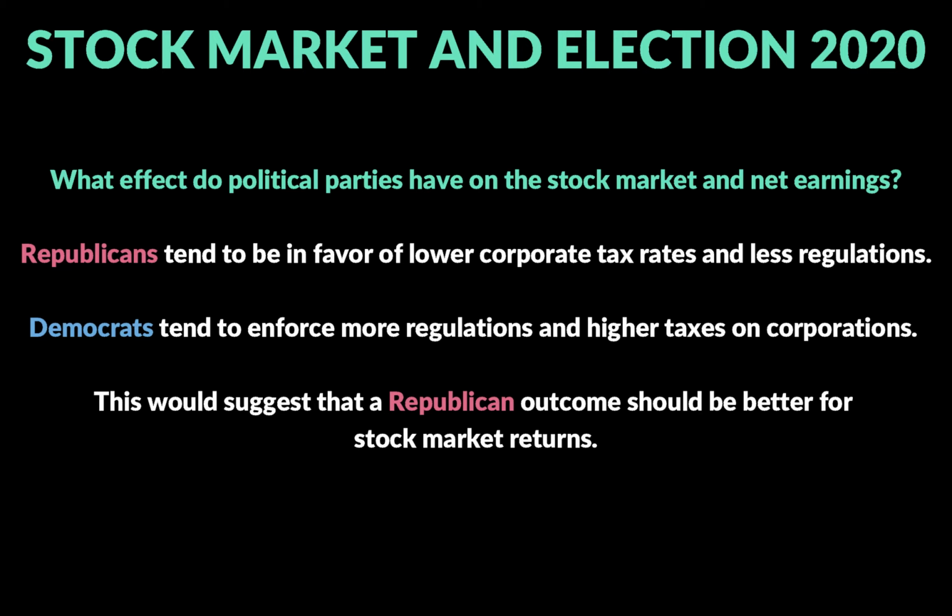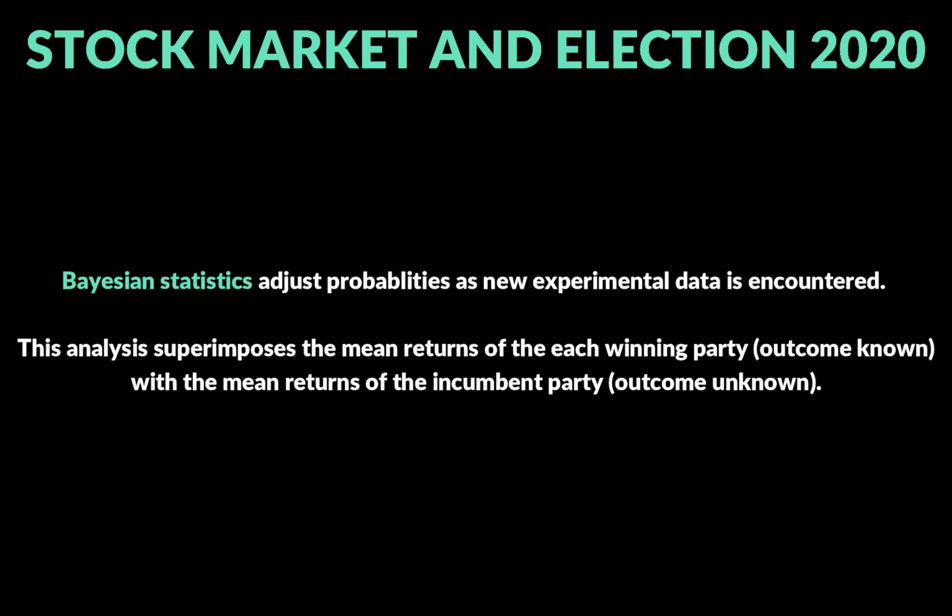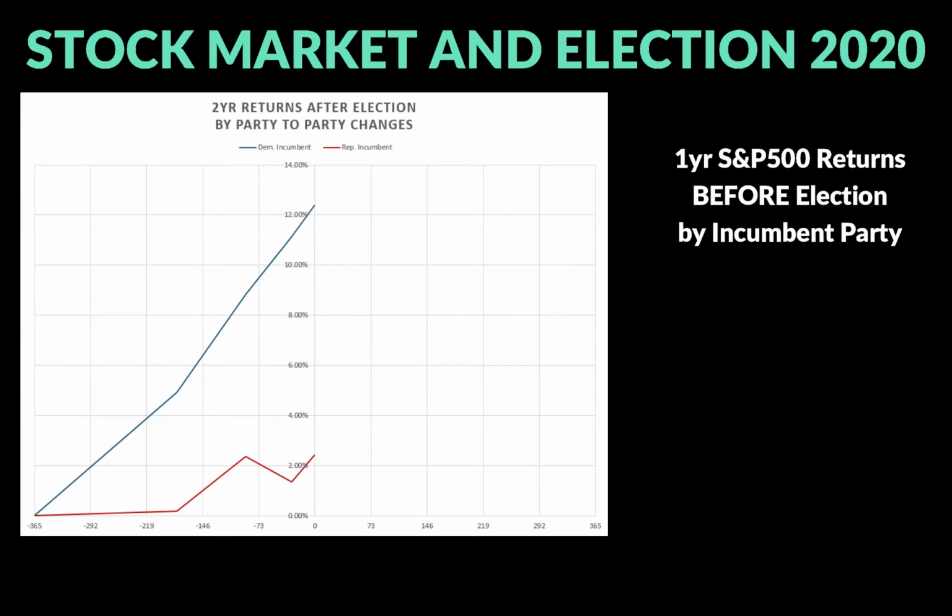So I thought it'd be interesting to run a couple different scenarios, kind of in a Bayesian way, where we'll look at what the average returns were running up to the election, and then based on the outcome, if there was a party change, what that did to the returns going forward.